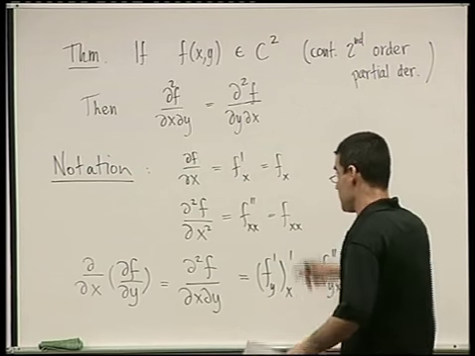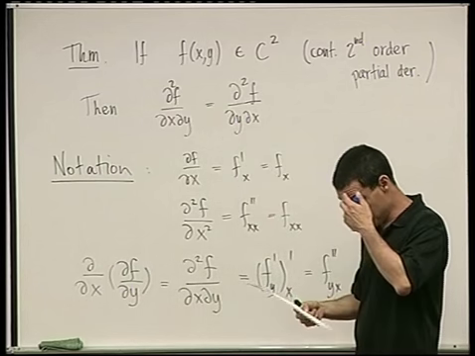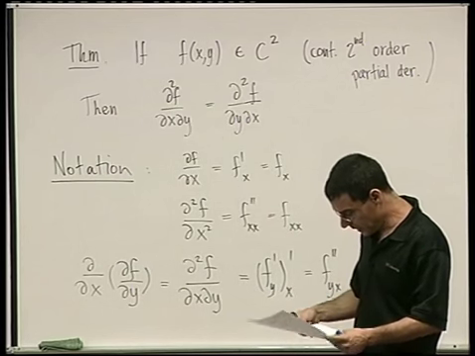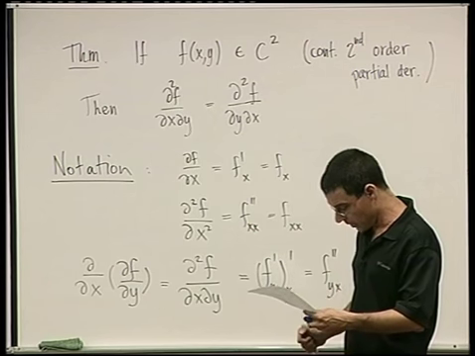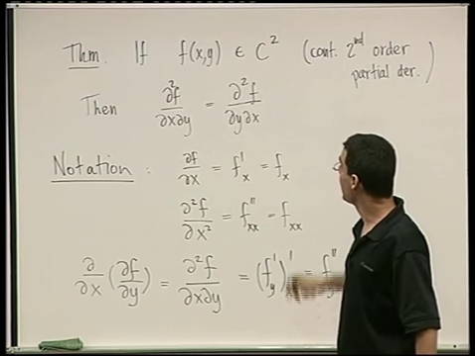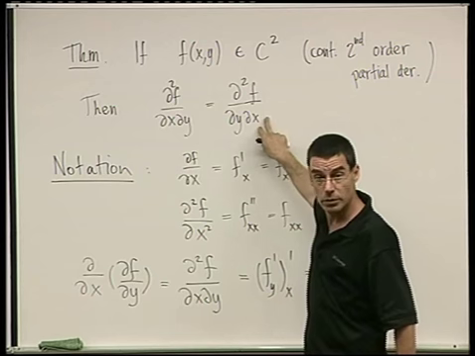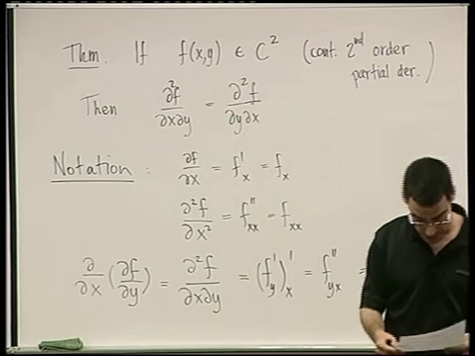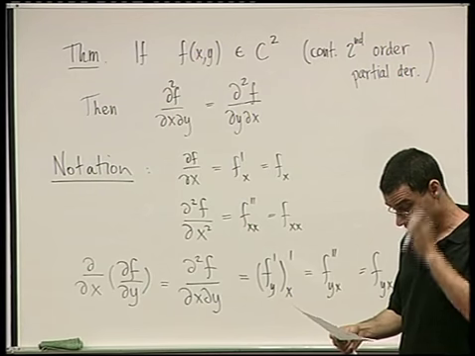This theorem that says that the mixed partials are equal was probably proved first by a mathematician called Clairaut, and usually is attributed to Euler. Euler is a very famous mathematician in the 18th century.